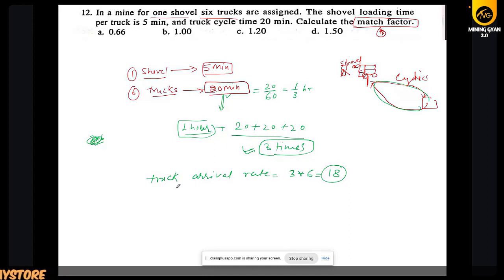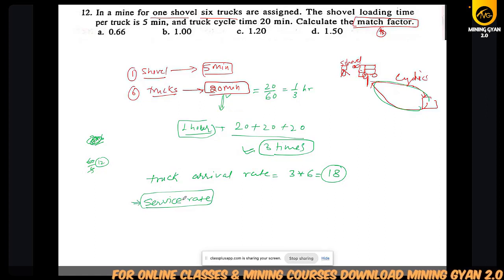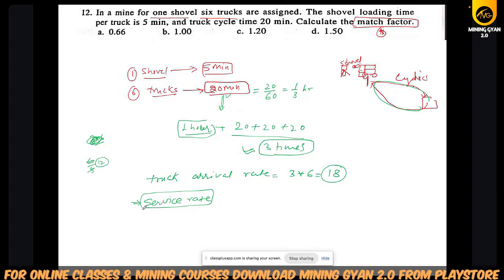And for the shovel, the service rate means how many dumpers one shovel can load in 1 hour. So in 1 hour, how many trucks can be loaded by one shovel? 60 divided by 5 minutes is 12. So the service rate of a shovel will be 12 per hour.